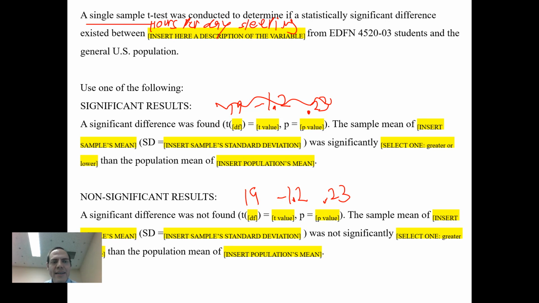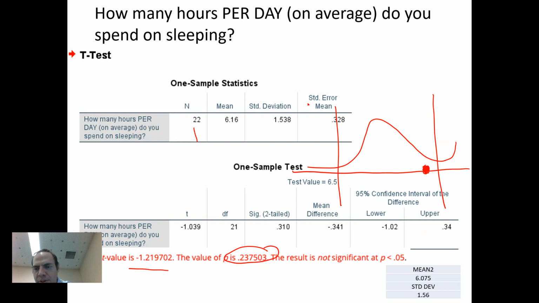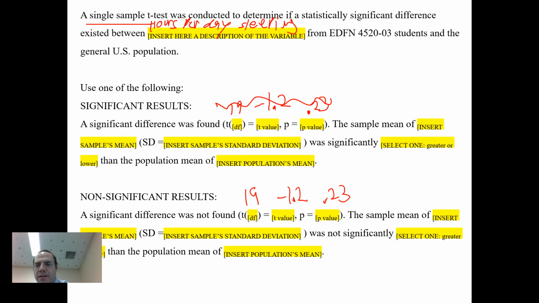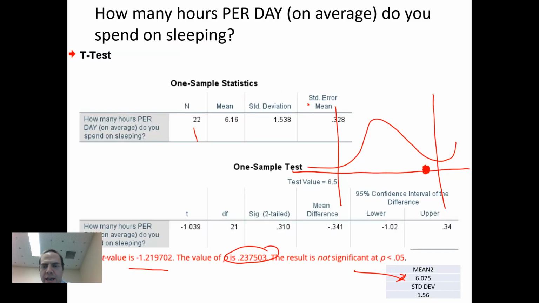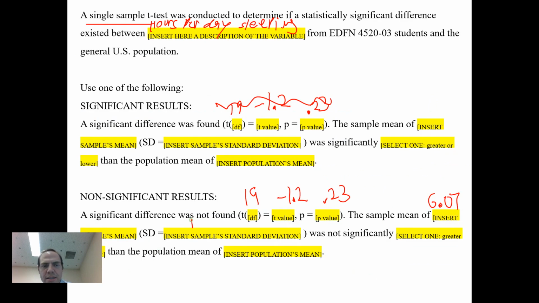And then sample mean, I put it there, 6.07. Standard deviation, 1.56.